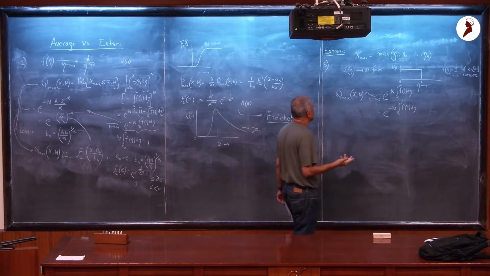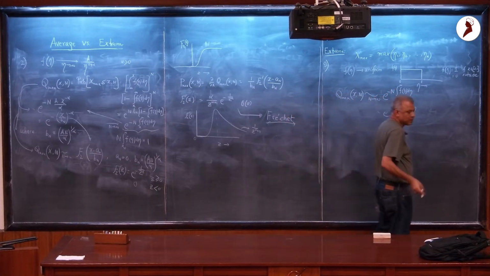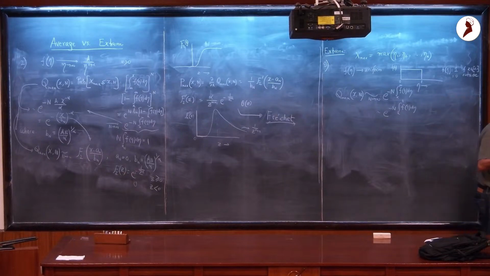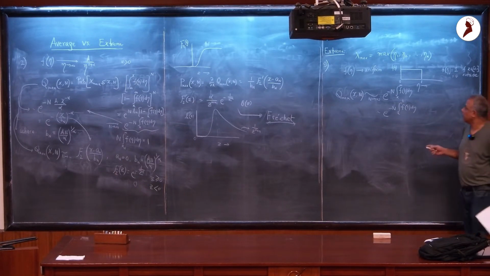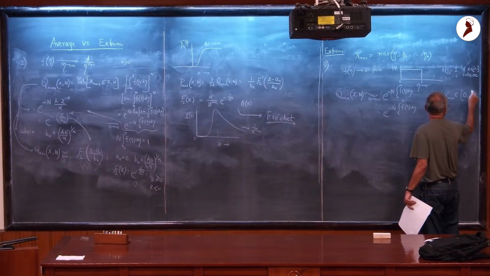First thing you notice is that clearly x max itself cannot be bigger than 1, because you are choosing each variable from this uniform distribution, so all of them are less than 1. So clearly x max cannot be bigger than 1. Okay? So x max necessarily also lies in the interval 0, 1.